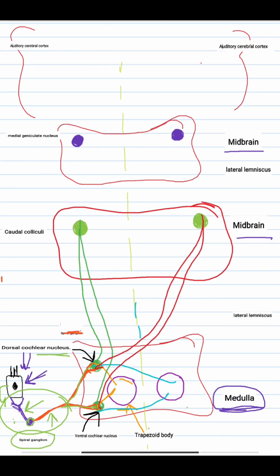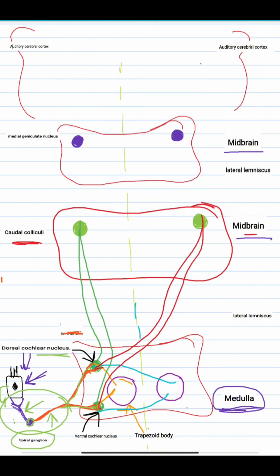So we have 4 types of nerve fibers. 2 of them leave the nuclei from the medulla to the medulla again, to what's called the trapezoid body, and the other 2 types leave the medulla to the midbrain, where the caudal colliculi are. Regarding the first 2 types of nerve fibers that are still in the medulla, they will also migrate to the midbrain.